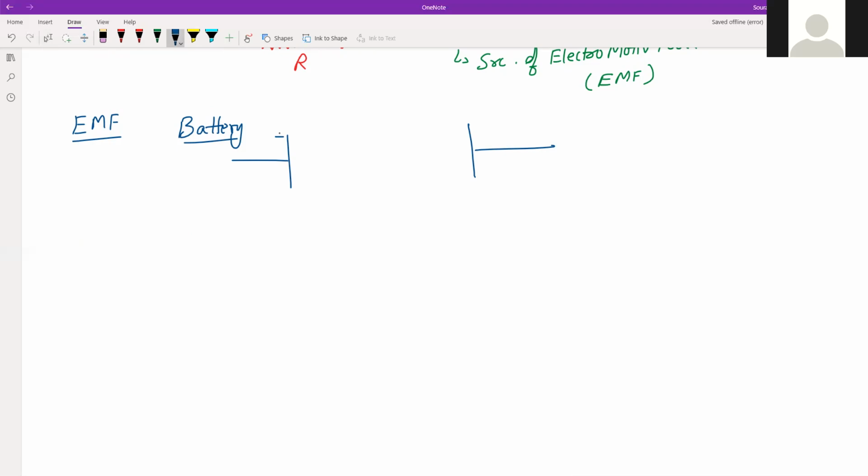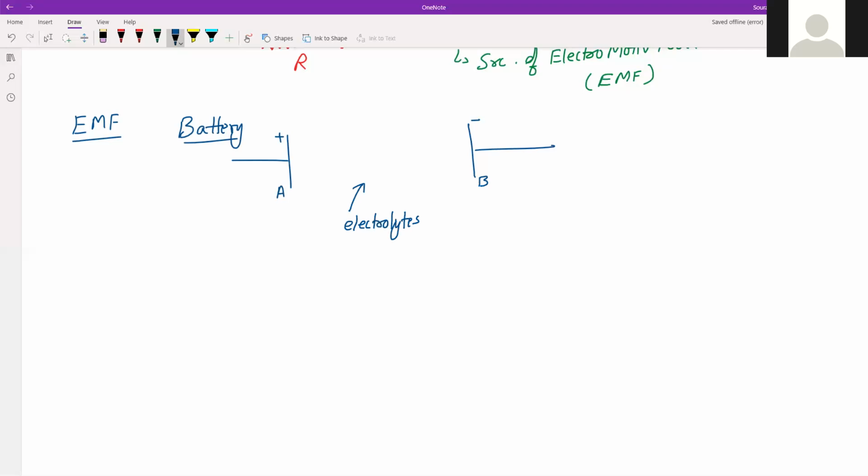So suppose this is positive terminal A and this is negative terminal B. Some reaction takes place here. Due to those reactions, the electrolytes are attracted, or there is a force being set up there.